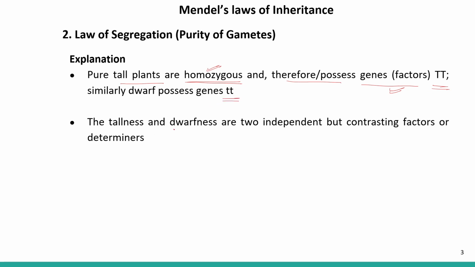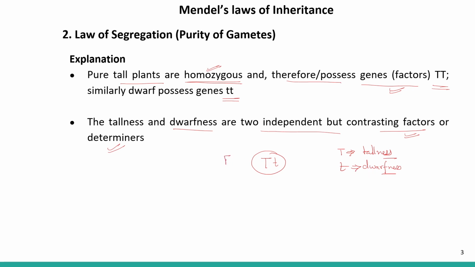The tallness and dwarfness are two independent but contrasting factors or determiners. So the capital T and small t both are contrasting. The capital T is for the tallness, right? And small t is for the dwarfness. So both are totally contrasting characters.